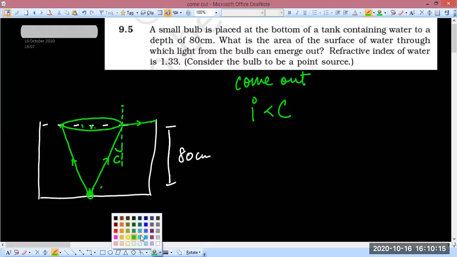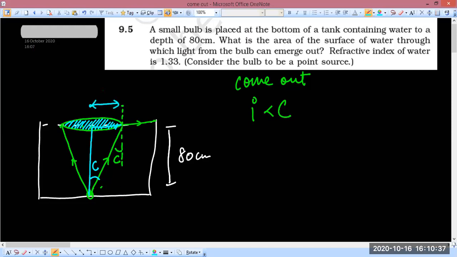So if I just complete this triangle, right? If this angle is C, obviously this is also C, right? So we have to find the area of this circle, the area of the surface of water from which light will come out. So the plan is very clear.